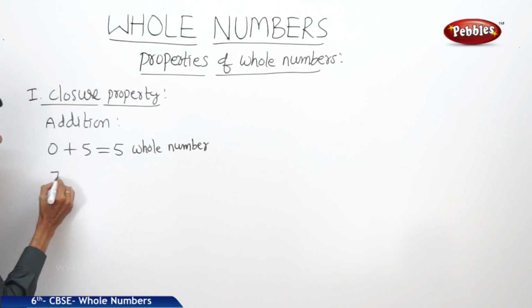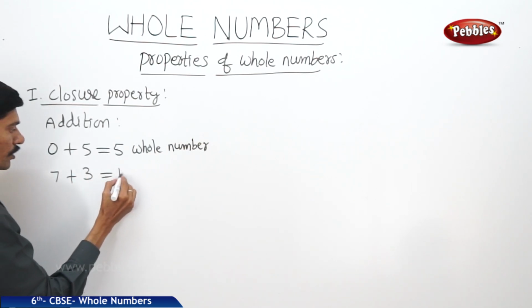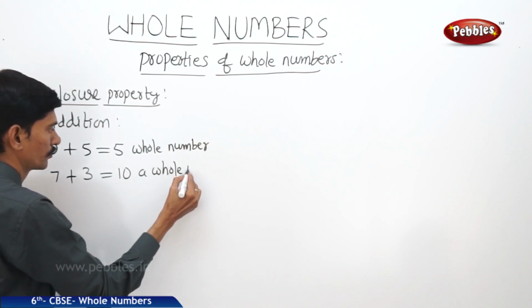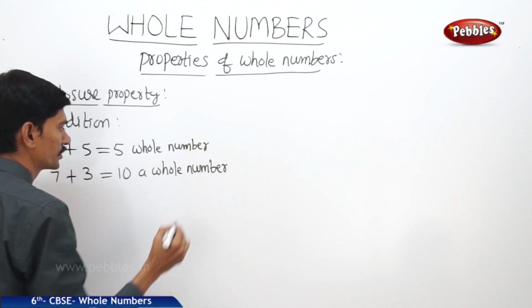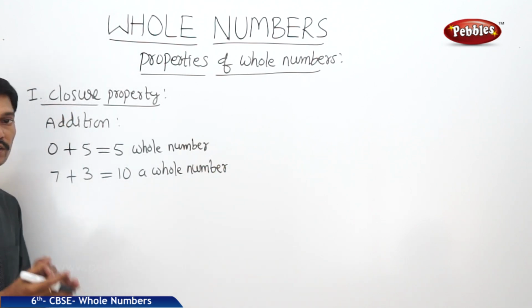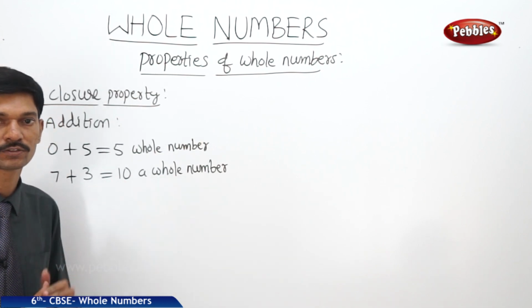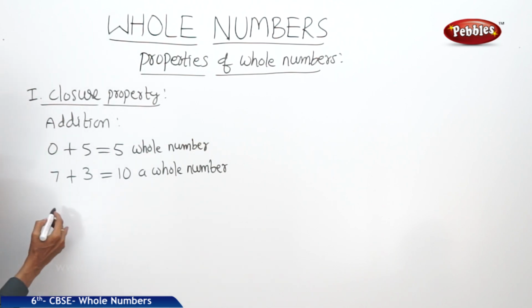And 7 plus 3 equals 10, a whole number. So if you add any two whole numbers, their sum is also a whole number. We can write that whole numbers are closed under addition.